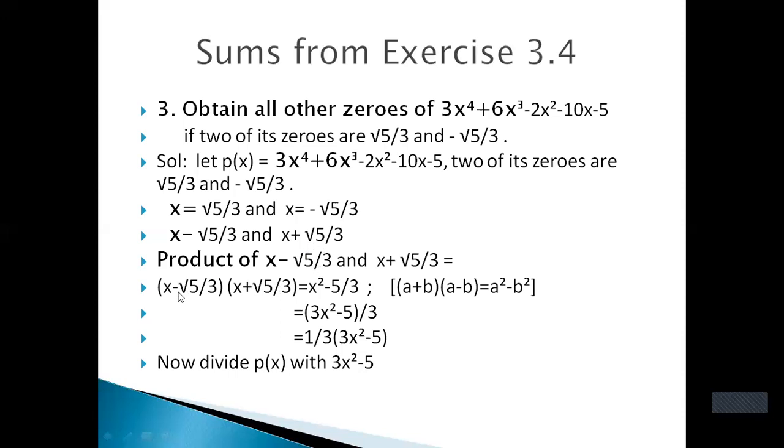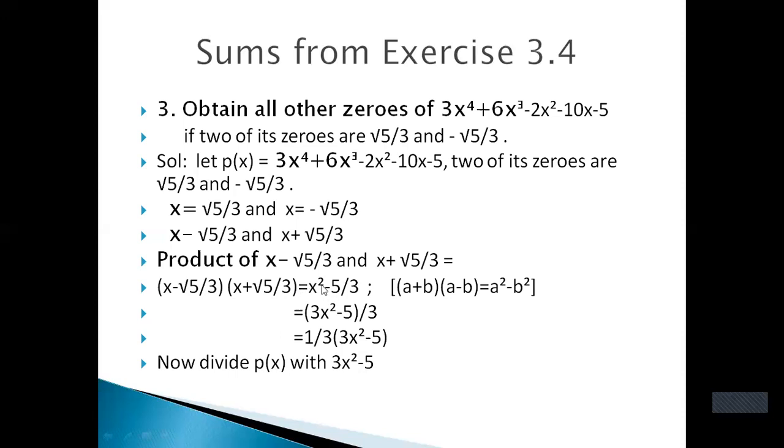Let us see the product here: x minus root 5 by 3 into x plus root 5 by 3. Here you have to use the identity a plus b into a minus b equals a square minus b square. So x square minus root 5 by 3 whole square. Root 5 into root 5 is 5, and root 3 into root 3 is 3.